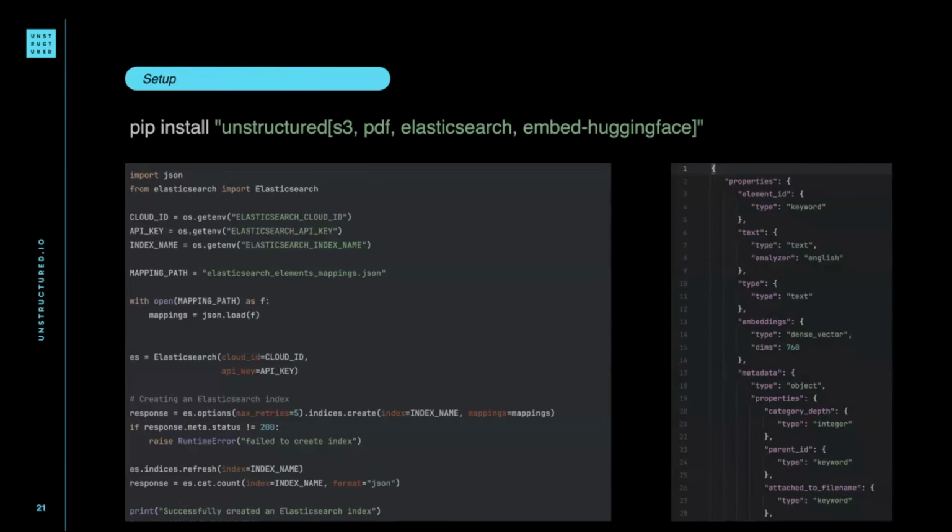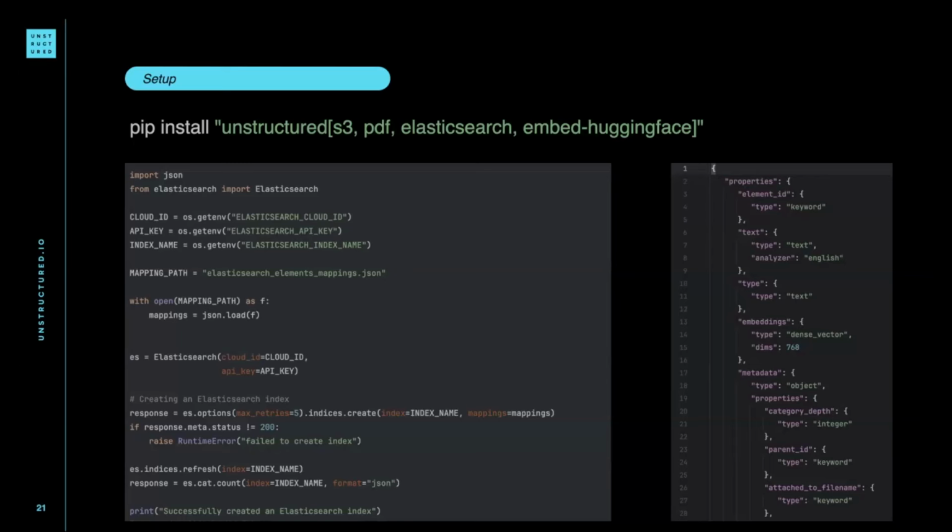If you don't like Python, I'm sorry, but you will need to pip install some libraries and dependencies here. You can choose what dependencies you have to install for your use case. Here, I'm limiting Unstructured dependencies to S3, PDF, Elasticsearch, and Hugging Face.